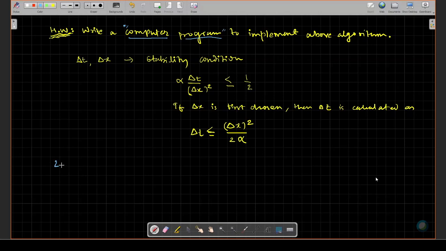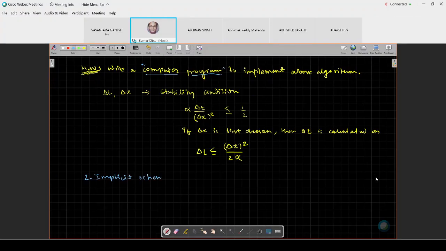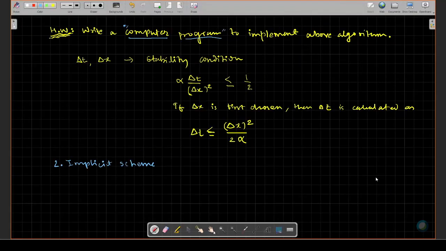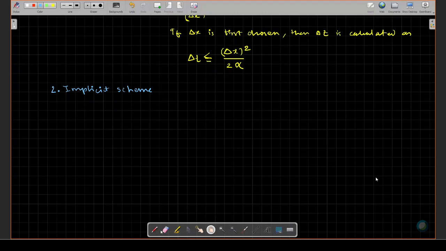The same problem can be solved using something called the implicit scheme. So what happens in that case? In that case, this implicit scheme can be backward in time and central in space.